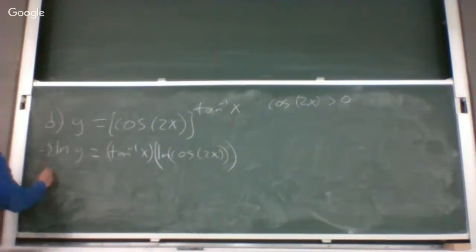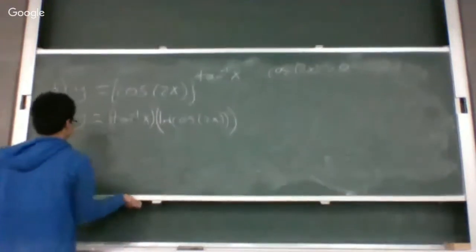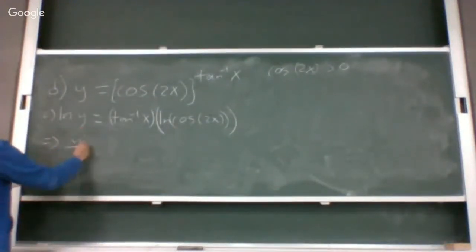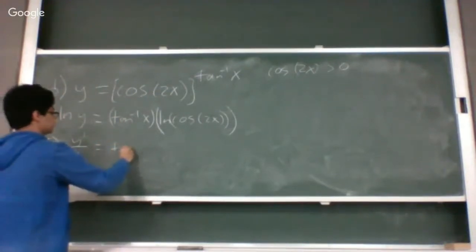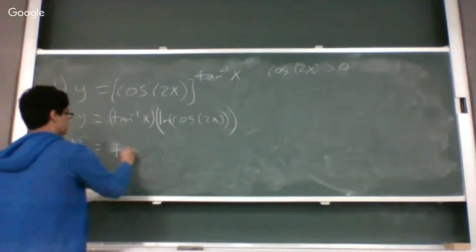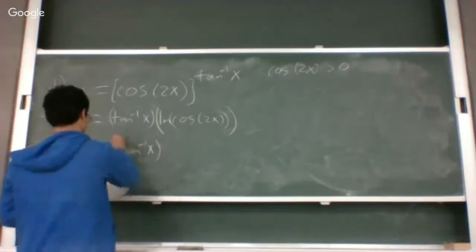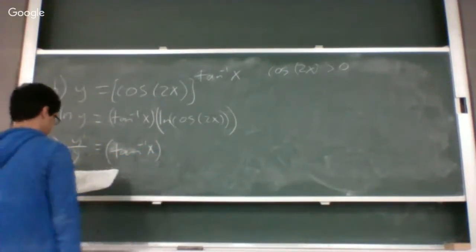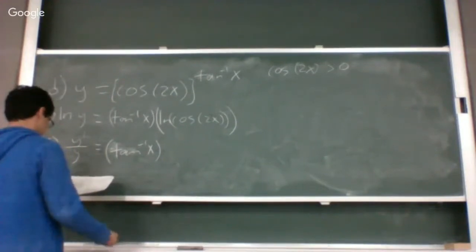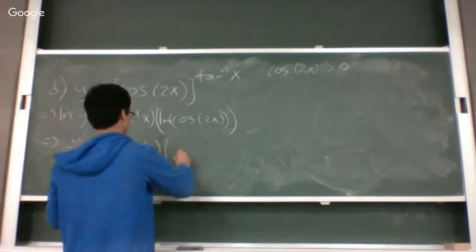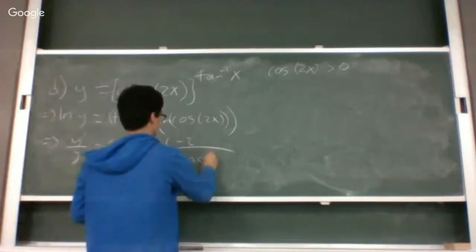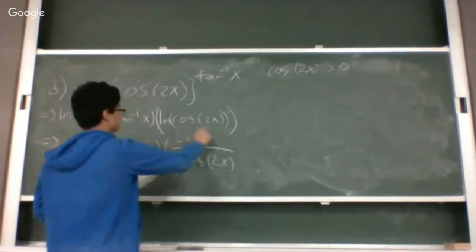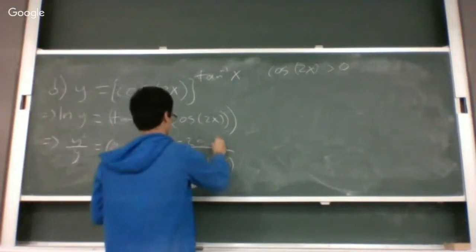We take the derivative. Y prime over y is equal to tangent inverse of x times the derivative of cosine of 2x, so -2. So you use the rule, we have cosine of 2x at the bottom, and then the derivative of cosine of 2x is -2 sine of 2x.